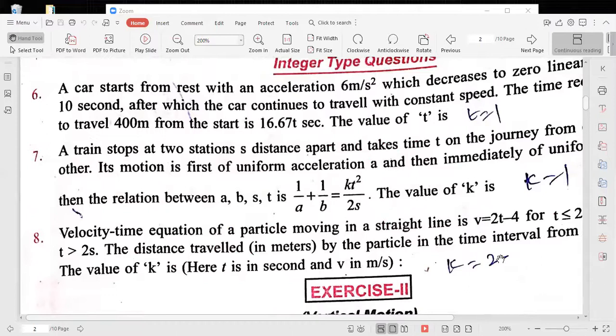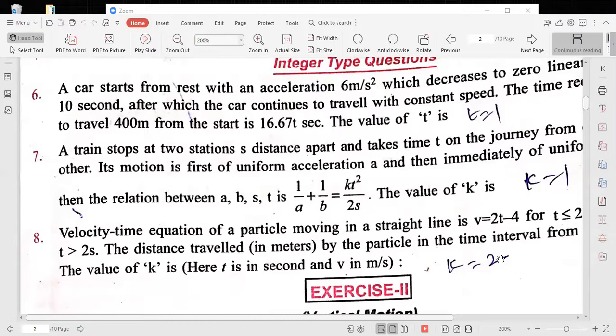Okay, 7th problem. You read the 7th problem carefully. You read the 7th problem. Okay. So, 7th problem. You read the problem.